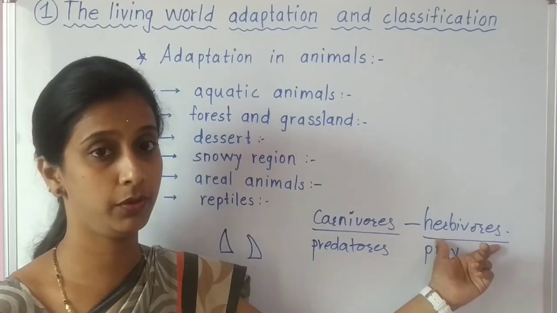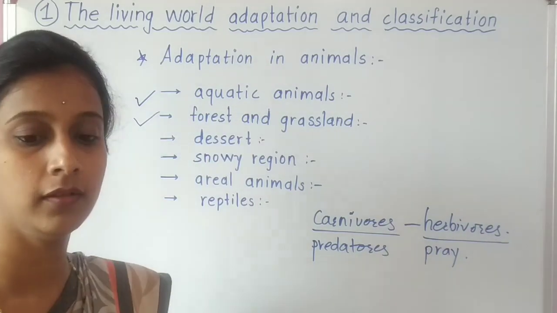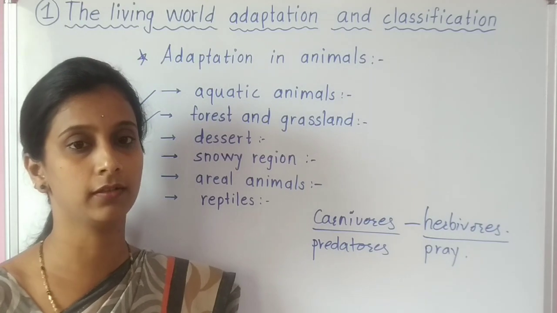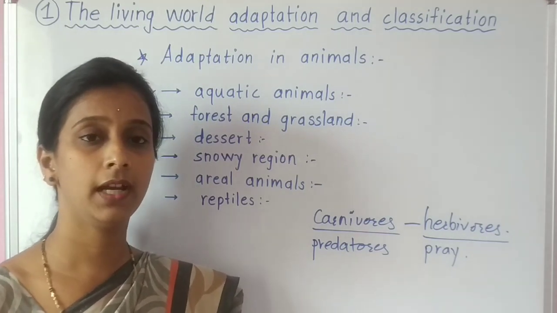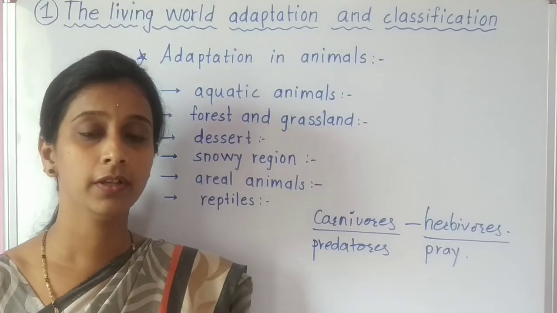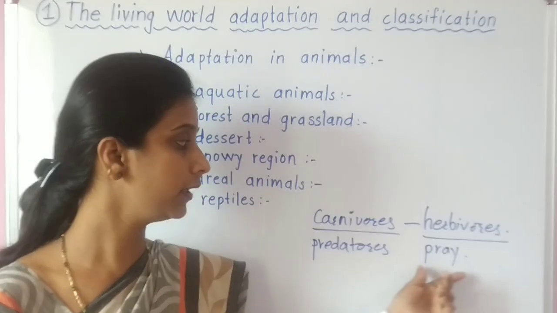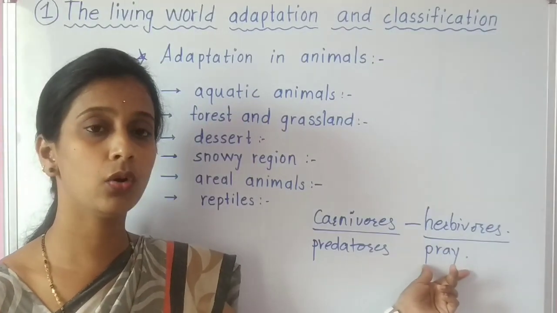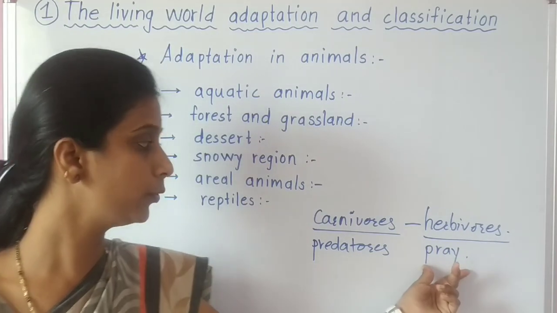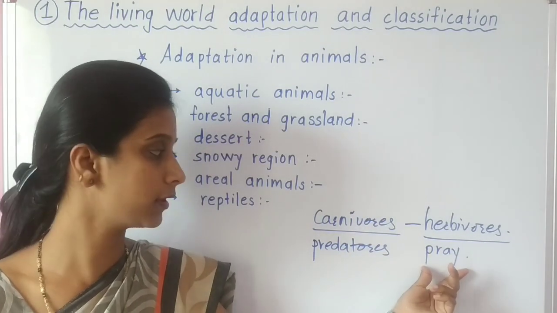Now come to the next, herbivorous, preys. Okay, how the preys are adapted. The preys, this group of animals, these are deer. Let's take the example of deer. They have long and tall legs, due to which they can run fast to save themselves from predators. They have long and thin legs to run fast. Okay, and also one more important change takes place there.